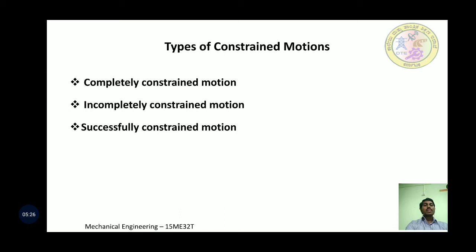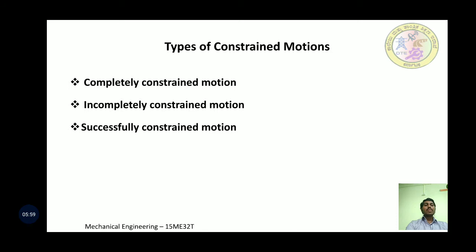Third one, successfully constrained motion. When the motion between the elements forming a pair is such that the constrained motion is not completed by itself but by some other means, then the motion is said to be successfully constrained motion. For example, consider a shaft in a footstep bearing.